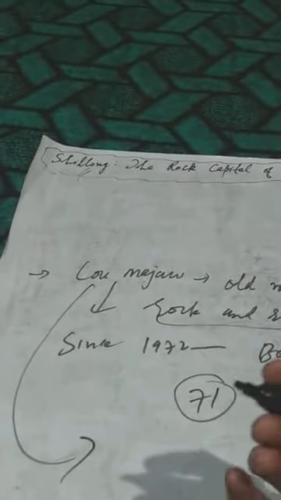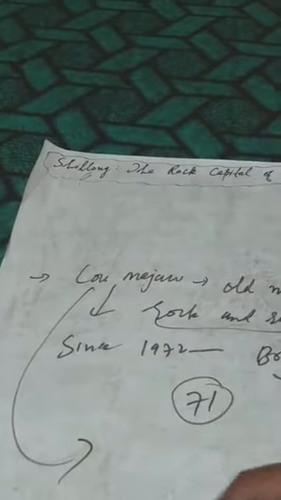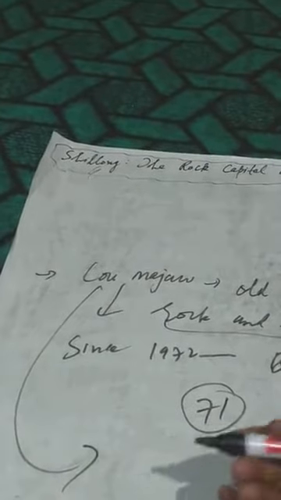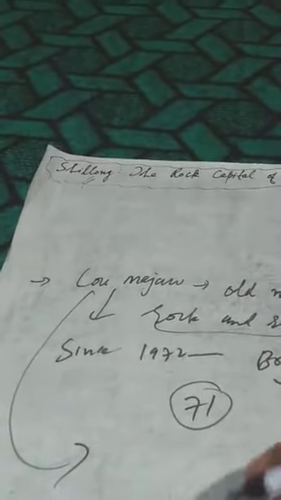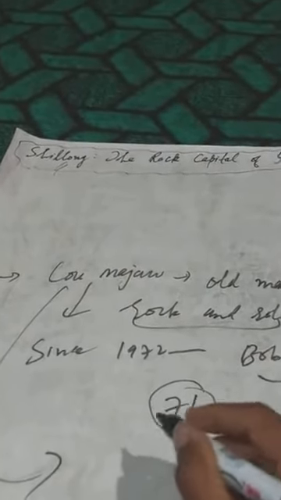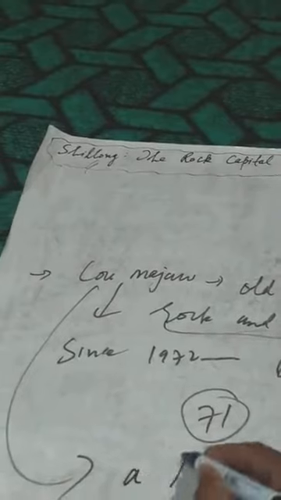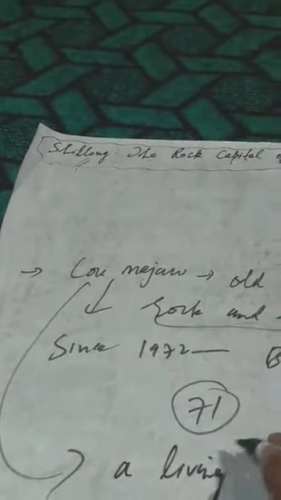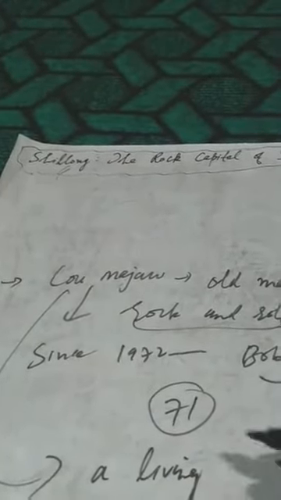One thing more is Lou Mojo's childlike approach. It means that he is very eager to love music, very eager to listen to music. Are you getting me? And he is regarded as a living embodiment of Shillong's musical spirit.